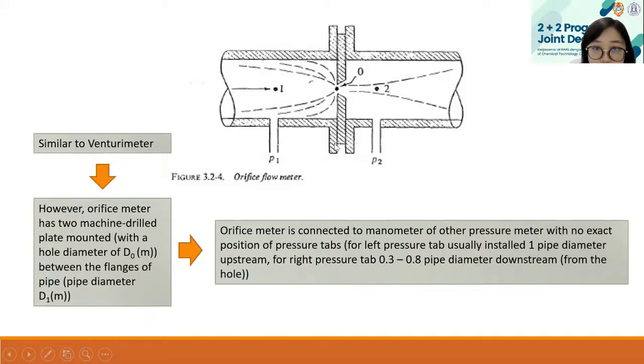So this is the flange of the pipe, and between the flanges I have a machine-drilled plate, so that it has only a very small opening in the middle, with the diameter of DO.